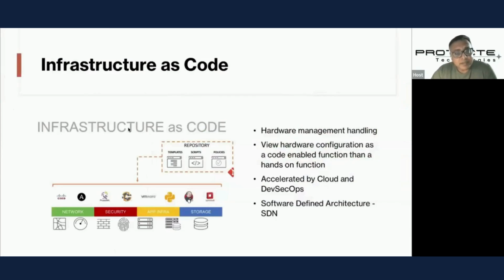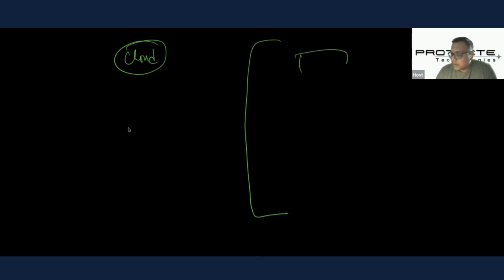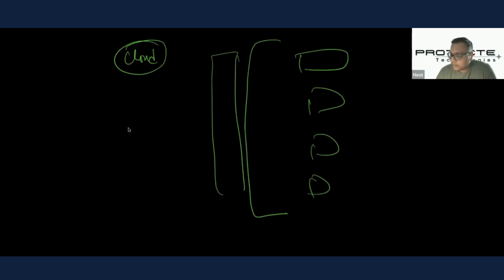The next concept is something called infrastructure as code. What is infrastructure as code? Now you are on cloud, right? What is cloud? Cloud is nothing but hardware sitting behind a software. So you can interact with the software plane to generate some kind of hardware.